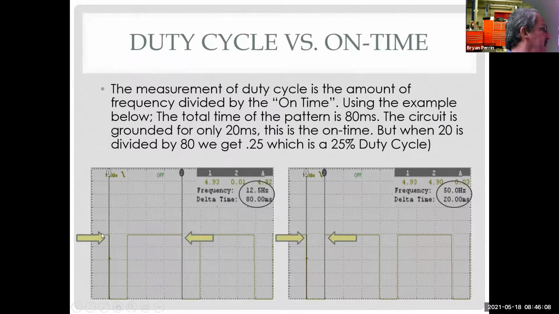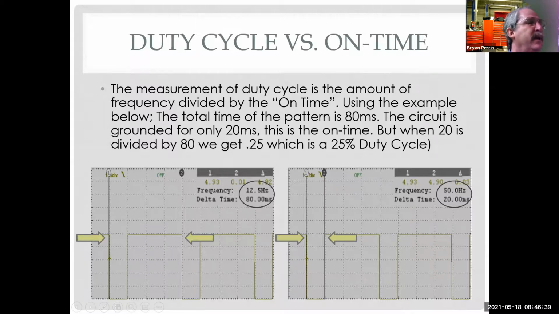This is my pattern. It drops here, comes up, then drops here. So this is one cycle, and I'm going to do this at a certain amount of hertz. The frequency I'm seeing right here is 12.5 hertz. With my cursors at 80 milliseconds, I can repeat that 12.5 times in 1 second. That's where that 12.5 hertz is coming from. So that is my whole pattern.